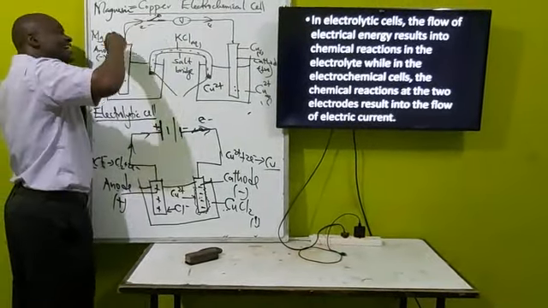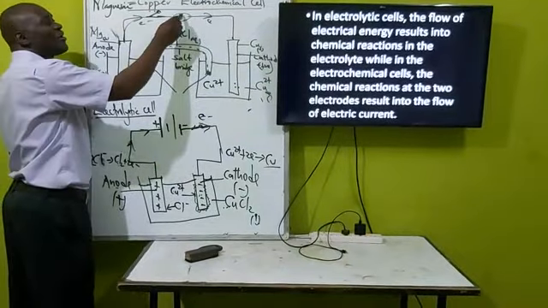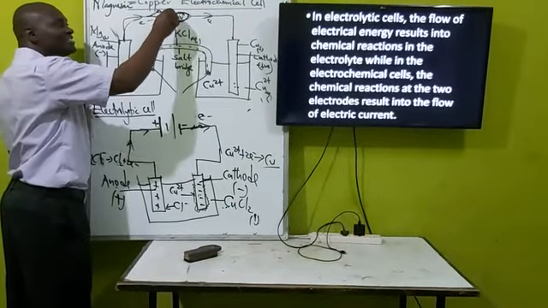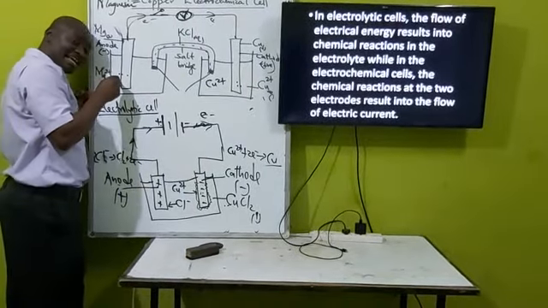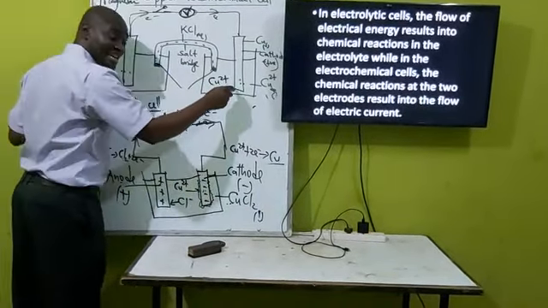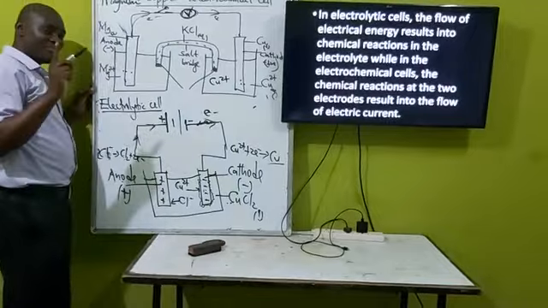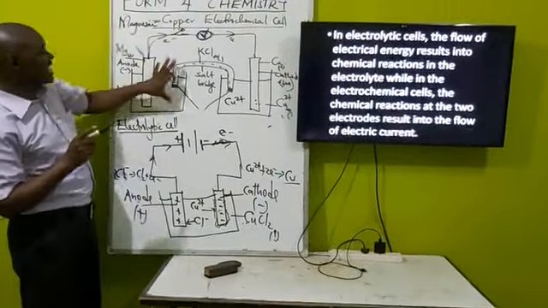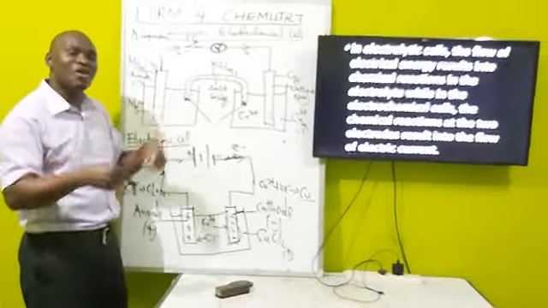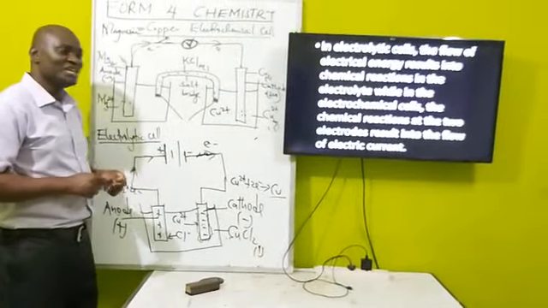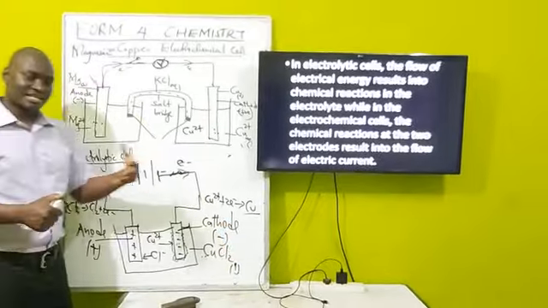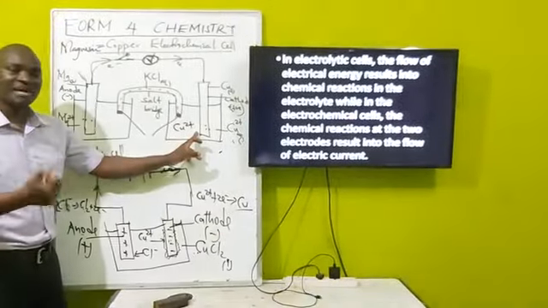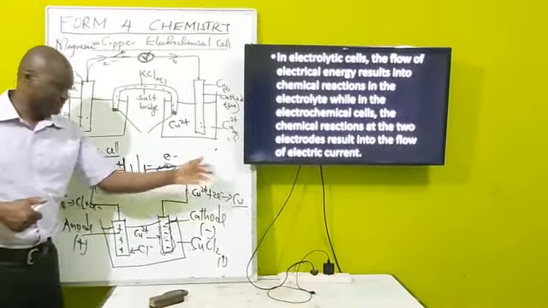For electric current, or voltage, to be recorded here, there must be a chemical reaction at the anode and at the cathode. That has to be a very big difference. Here, it is the chemical reactions giving birth to electric current.